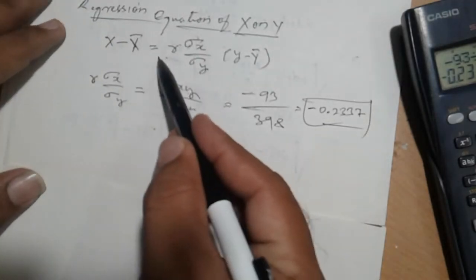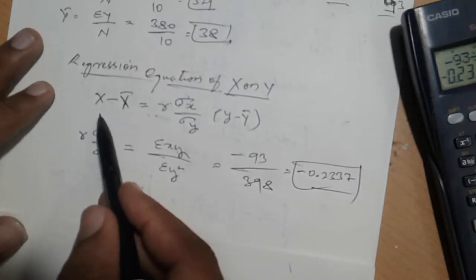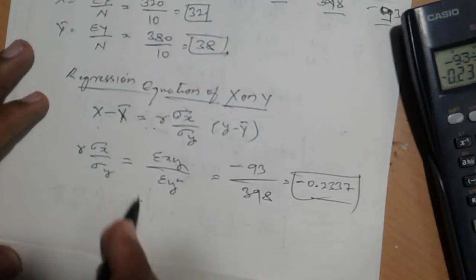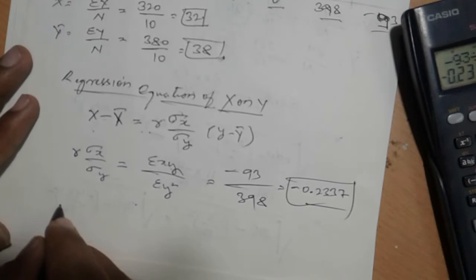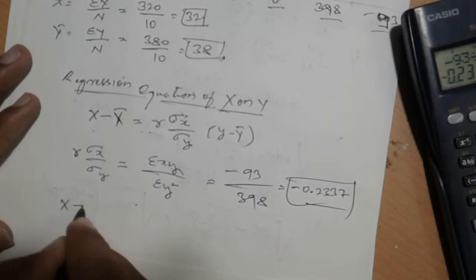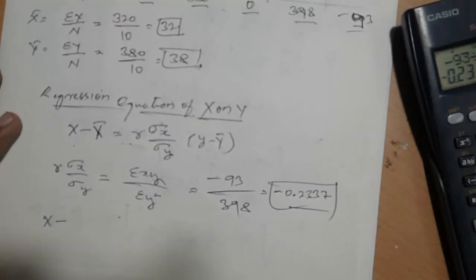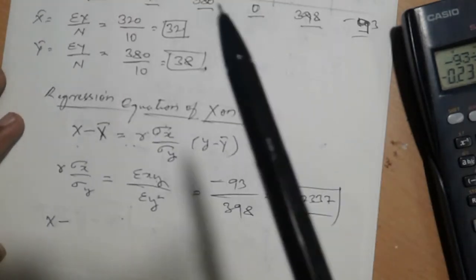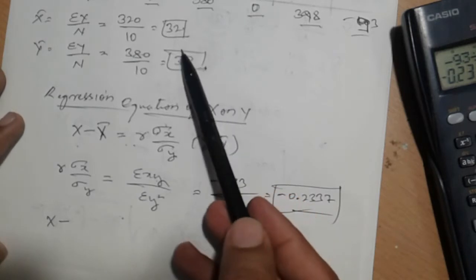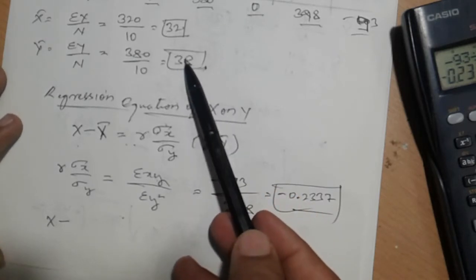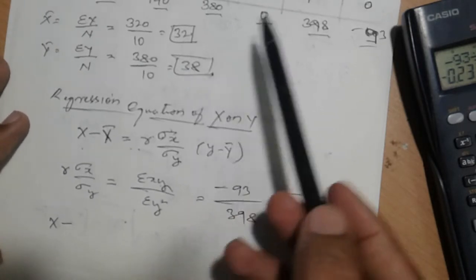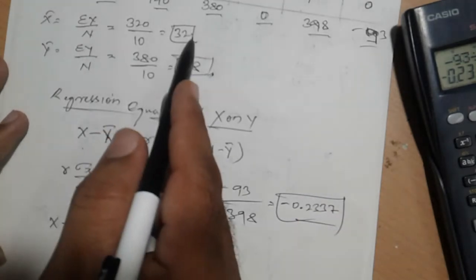Substitute the values in this equation. X we keep as it is. In place of the mean, we have to take the mean answers which we got. So in place of the mean, what is the mean?